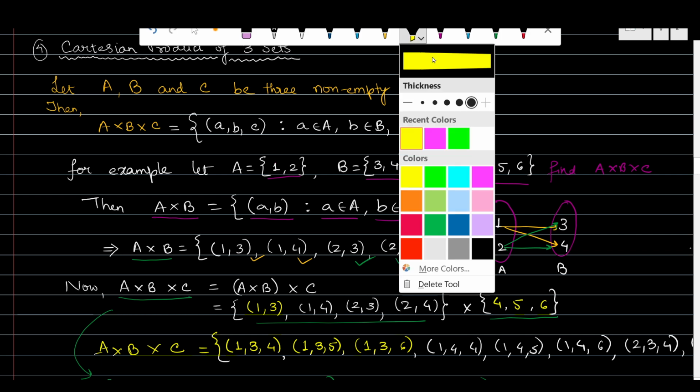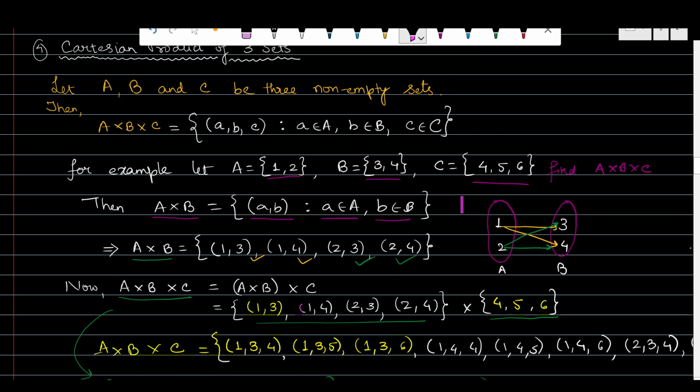Next, we have the element (1, 4). (1, 4) maps with 4 gives us (1, 4, 4). (1, 4) maps with 5 gives us (1, 4, 5). (1, 4) maps with 6 gives us (1, 4, 6).